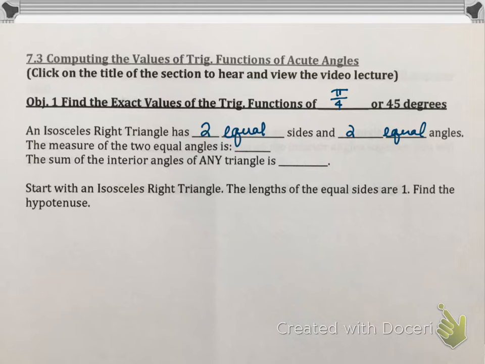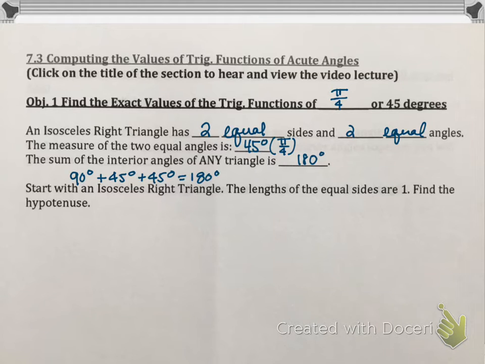The measure of the two equal angles is 45 degrees, or in radians, pi over 4. The sum of the interior angles of any triangle is 180 degrees. So that's why this works. One of our angles is 90 degrees, and then plus the two 45 degrees will give us 180.